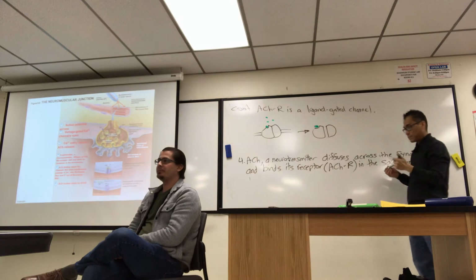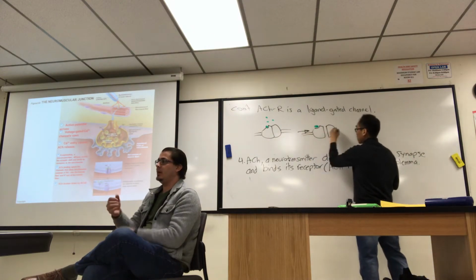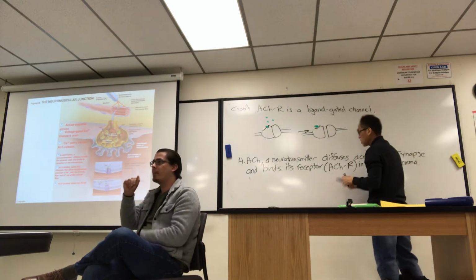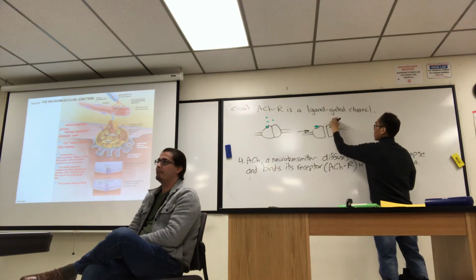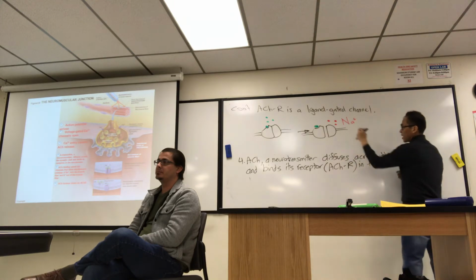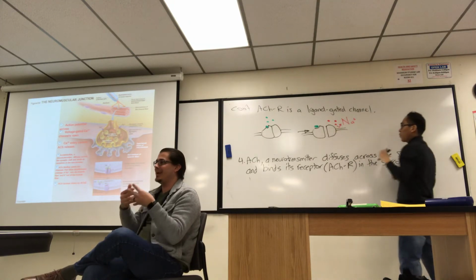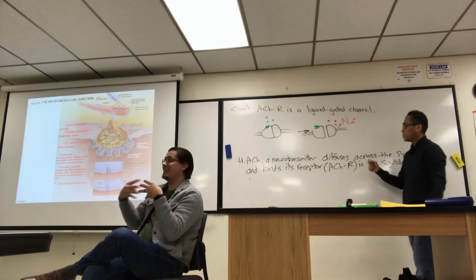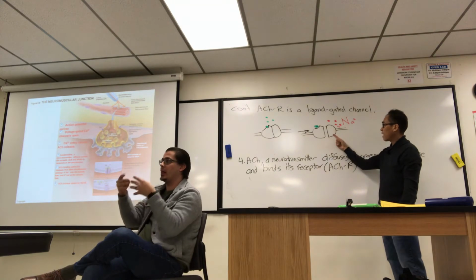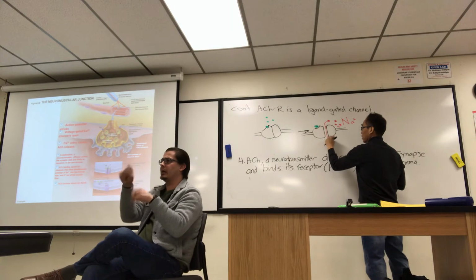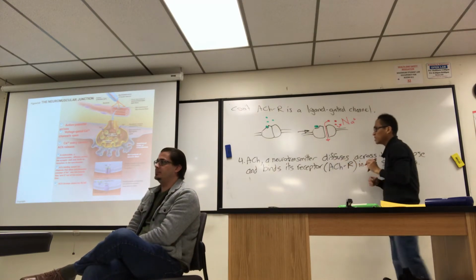Now that the gate is open, a molecule, let's say a sodium ion, can pass. Normally, sodium can't get past the hydrophobic zone. But a ligand-gated protein channel allows sodium to pass, only when ACH is present.